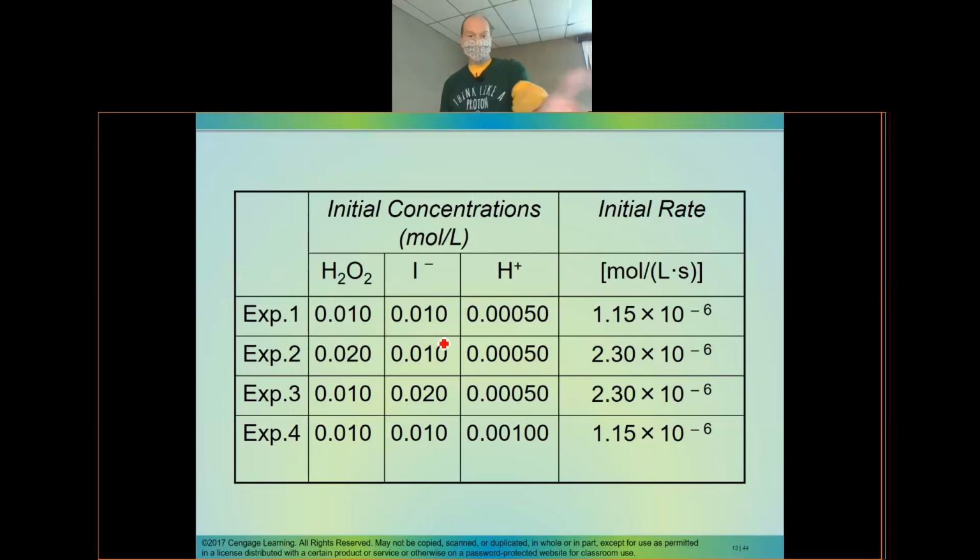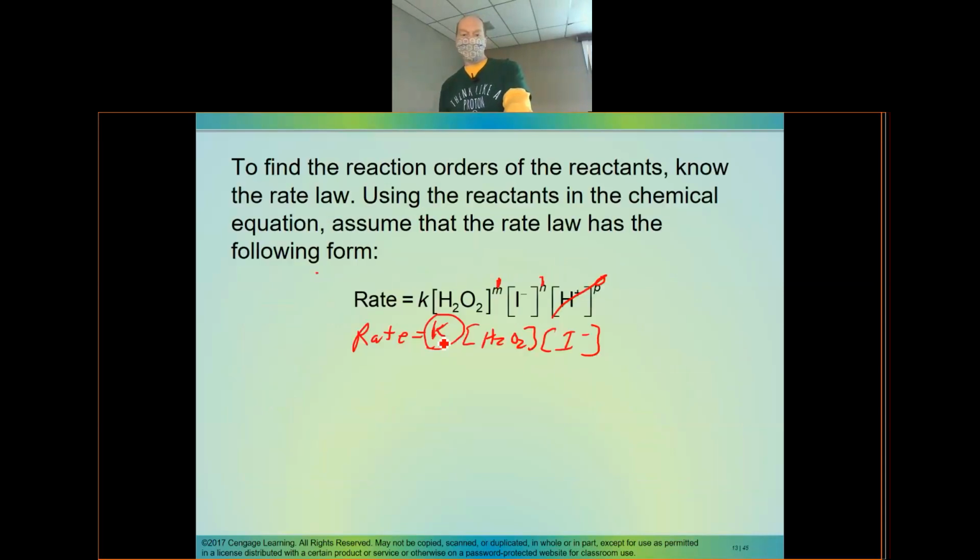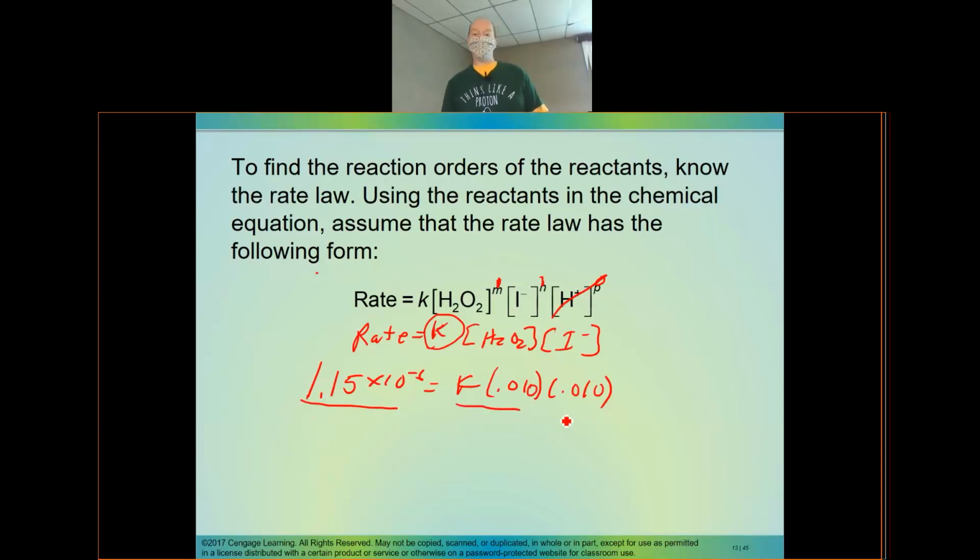All right, but if we take experiment 1, and we take our 0.01, our 0.01, and our 1.15 times 10 to the minus 6, we plug it into our equation. The 1.15 times 10 to the minus 6 is equal to K times 0.01 times 0.01. So again, you would probably want to do the math in multiple steps.